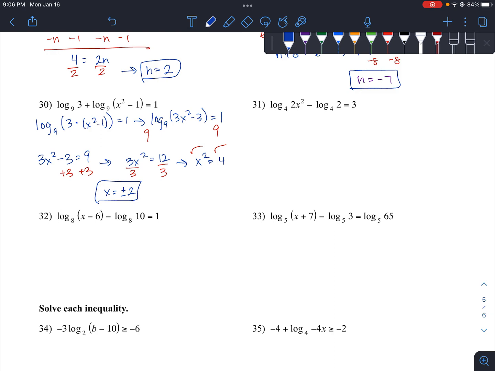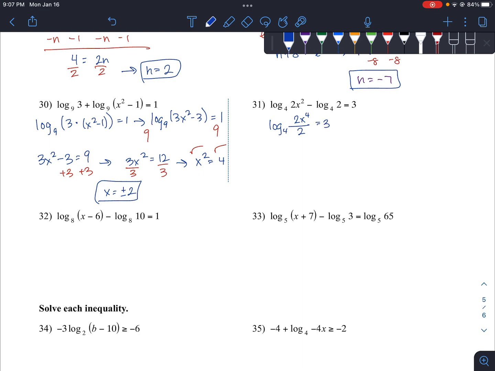For 31, again, we have 2 logarithms with the same base, so I'm going to combine those. Since I'm subtracting, though, I have to divide. So this will be a log base 4 of 2x to the 4th divided by 2.